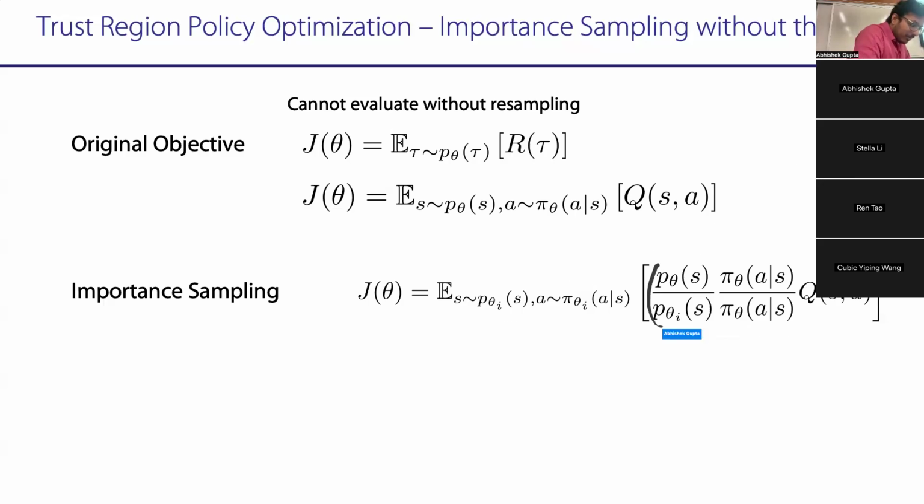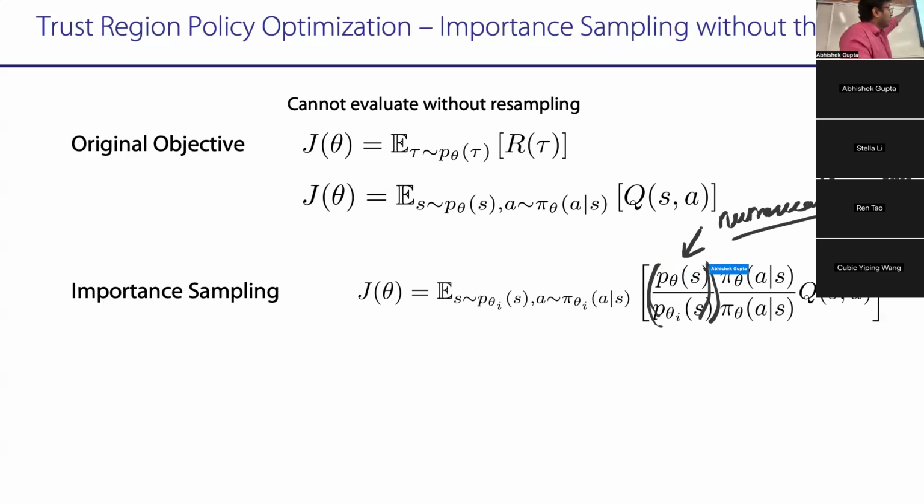Now, the problem here is that this ratio, p theta over p theta I, has the same issue as the product of all the probabilities, because p theta is like the long-term visitation. So you have to multiply a bunch of tiny things, and this is again going to be numerically unstable. It doesn't really solve the issue, it just pushes the issue to a different place.